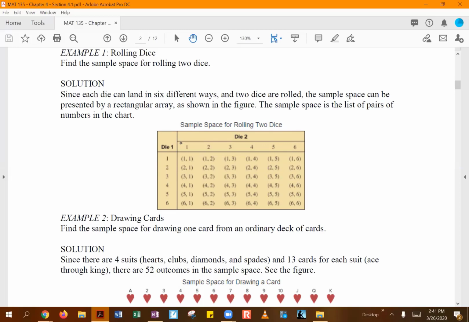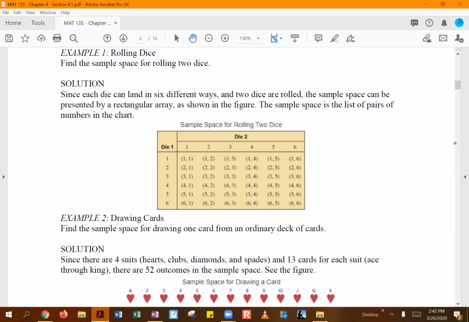So if I roll these 2 dice, I can basically get both of my dice falling on 1 and 1, right? So that means both the faces of our dice are going to be 1 and 1. Now you can have the possibility where the first die falls on a 2, the second one falls on a 1, or you can have the possibility where the first die falls on a 1 and the second one falls on a 2.